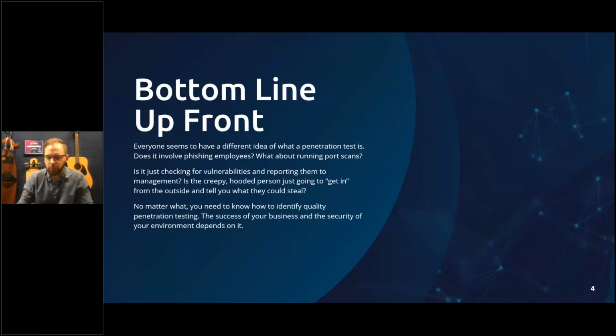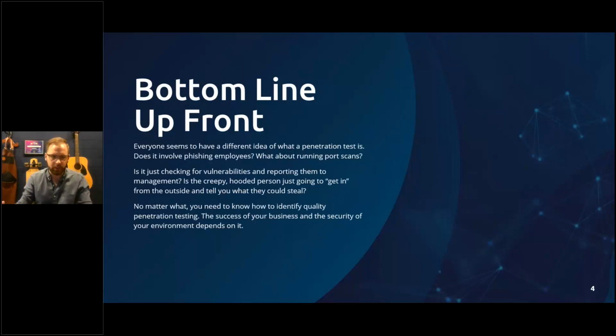So I have wrestled with this problem of market confusion and, honestly, commoditization of penetration testing. It's because it's easy to sell.